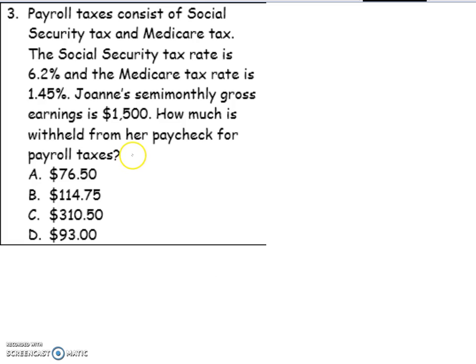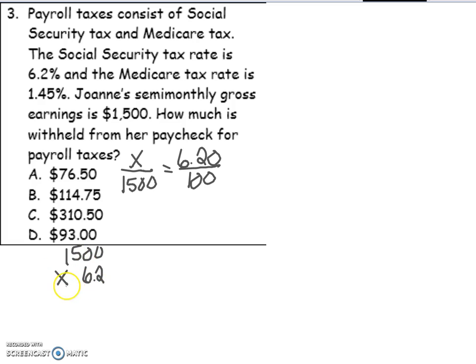All right, so we're going to set up our proportion. X over 1,500 equals 6.2 over 100. All right, so we can do 1,500 times 6.2. We have 0, 0, 10, 3.